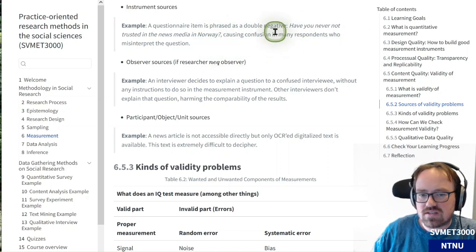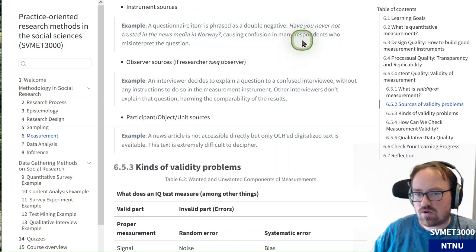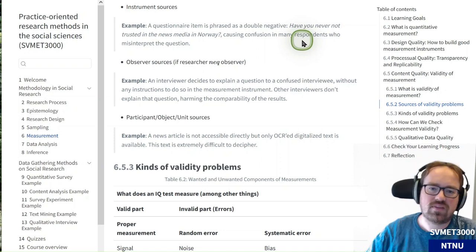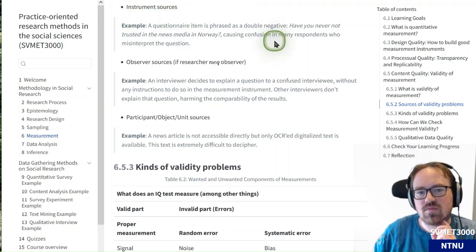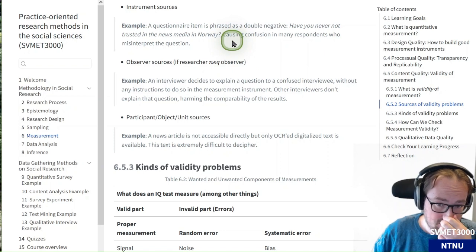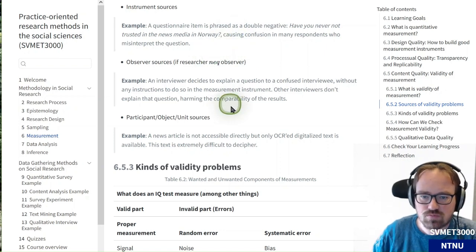Okay, so this is certainly a very confusing question that you should avoid. And there's plenty of tweaks when formulating or designing measurement instruments that can help avoid such problems.